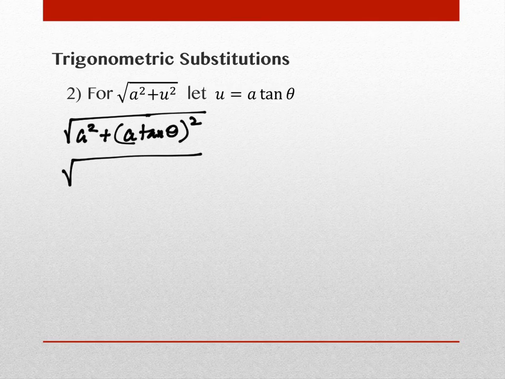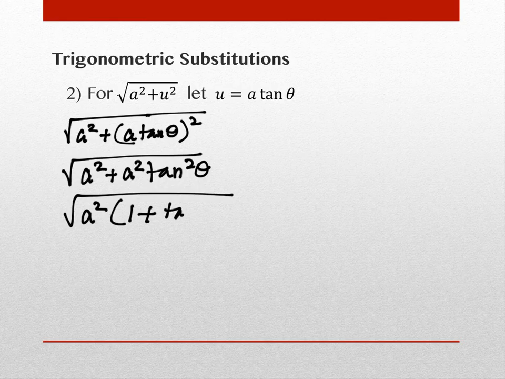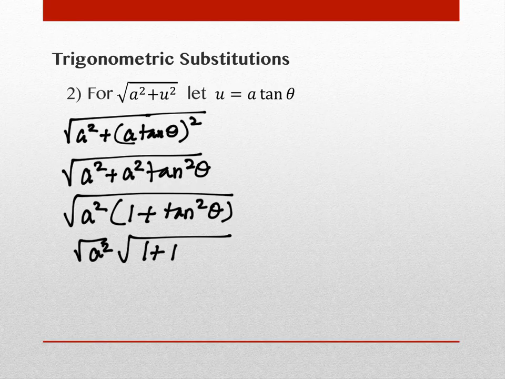So then, this is A squared plus A squared tangent squared of theta. And what will we do? Factor our A squared out, which leaves me with 1 plus tangent squared. I can split it. This is the square root of A squared and the square root of 1 plus tangent squared.